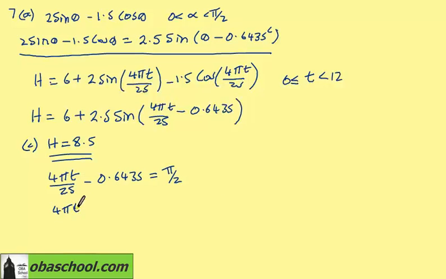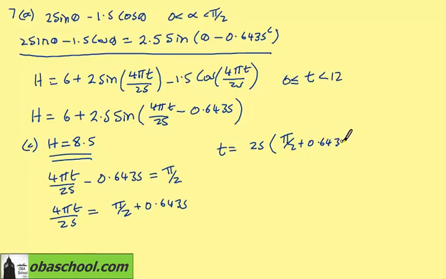So 4 pi t over 25 is pi by 2 plus 0.6435, and then t would be equal to 25 into pi by 2 plus 0.6435 divided by 4 pi. Calculating, that gives us that t is equal to 4.41.